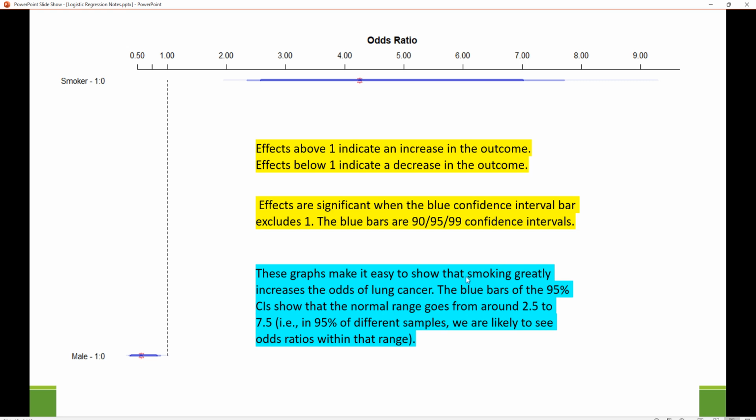These graphs make it easy to show that smoking greatly increases the odds of lung cancer. The blue bars of the 95% confidence intervals show that the normal range goes from around 2.5 to 7.5. In other words, in 95% of different samples, we are likely to see the odds ratios within that range.